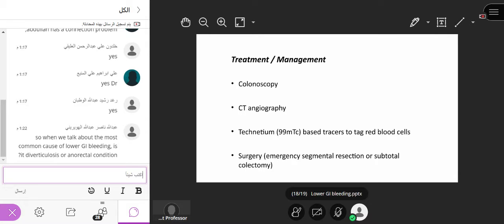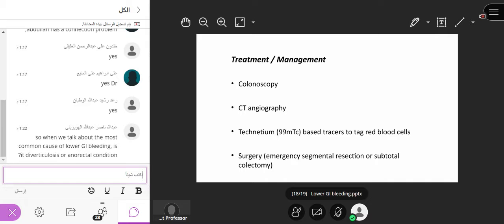Or you can do CT angiography. CT angiography tells you where the bleeding point is. You can localize it and can easily do a therapeutic colonoscopic procedure, and you can stop bleeding, which is called hemostasis. Or if blood is very little and you cannot locate it through colonoscopy or CT angiography, then you do technetium based tracer to red blood cells.